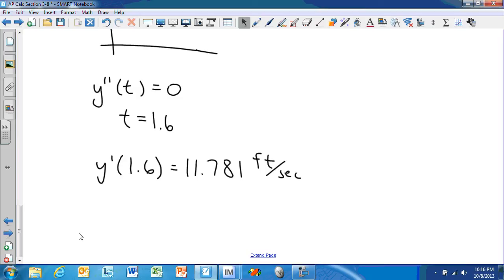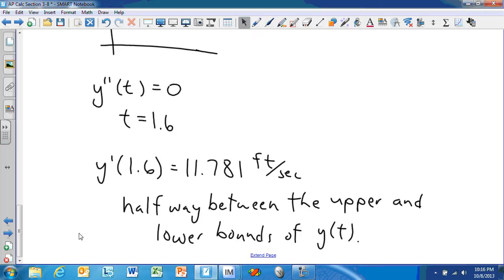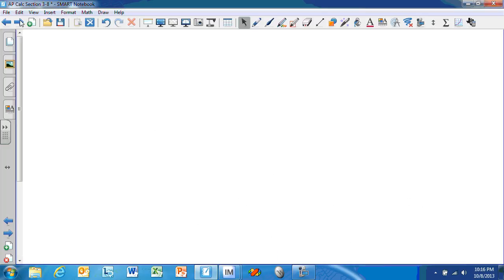So it's halfway between the upper and lower bounds of y of t. That's where those are going to occur. Okay? All right, that is the end of the first half of this.